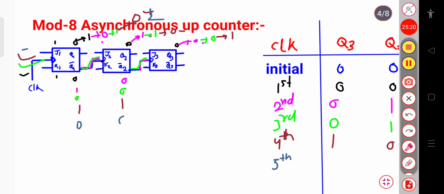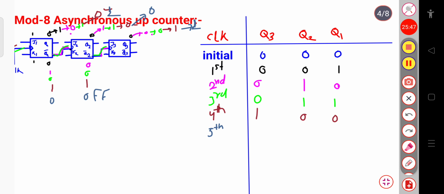The second flip-flop is in the off condition, which means this will get carried forward. This will again go to 0, and also since this is 1 and the flip-flop is in the off condition, its value will again be 1. So what we will get for Q1, Q2, Q3 is 1, 0, 1.